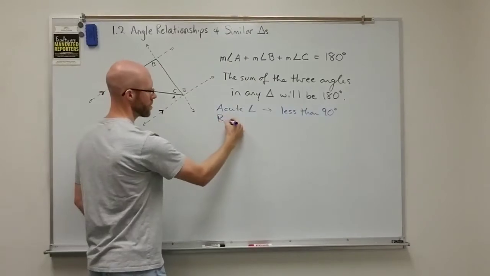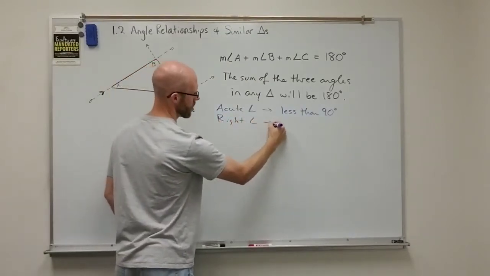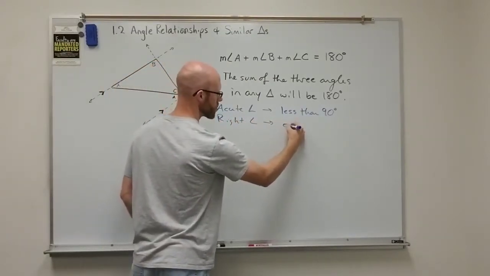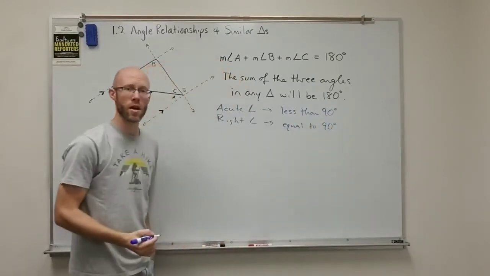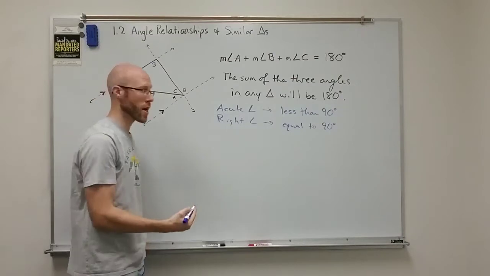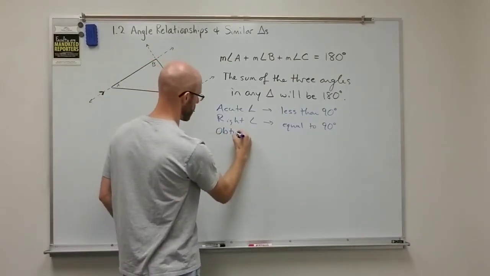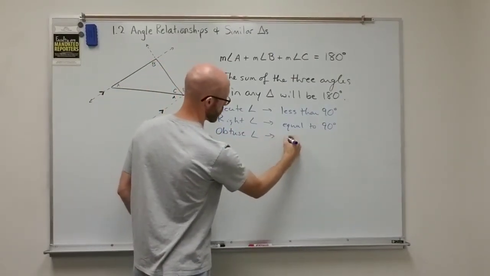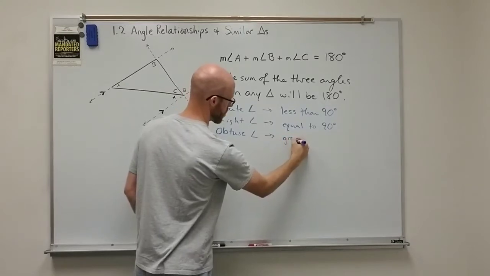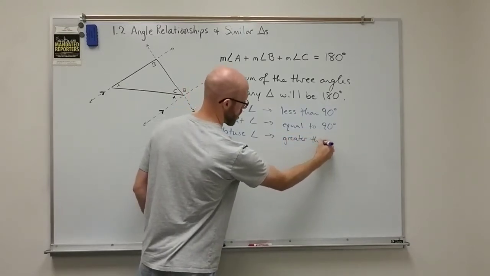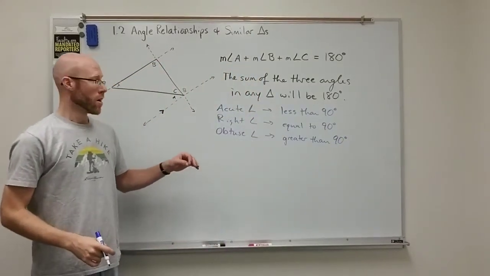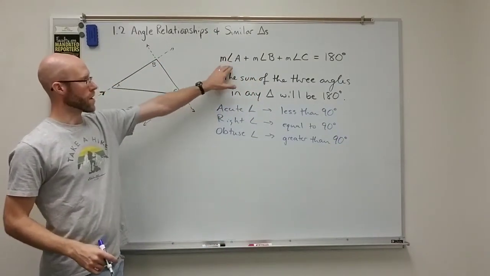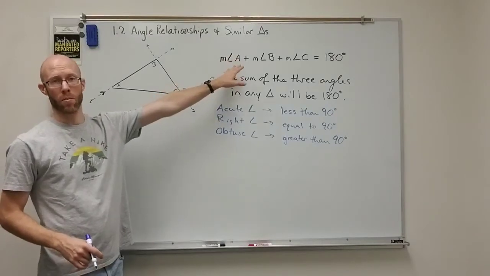A right angle is one that is equal to 90 degrees. And finally, an obtuse angle is one that is greater than 90 degrees.